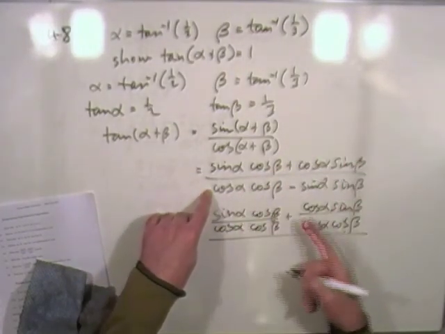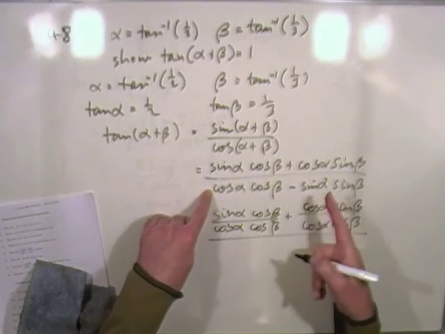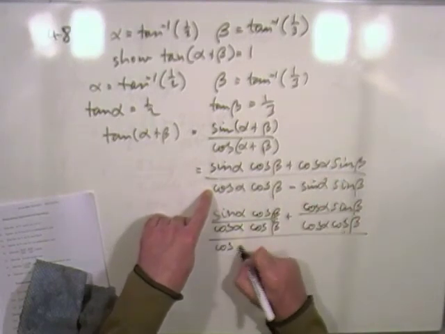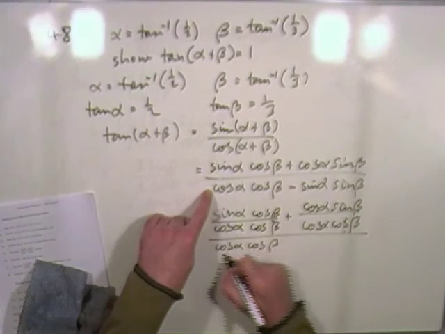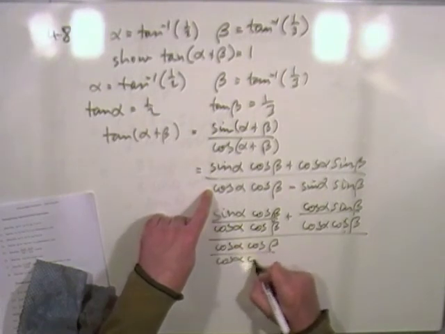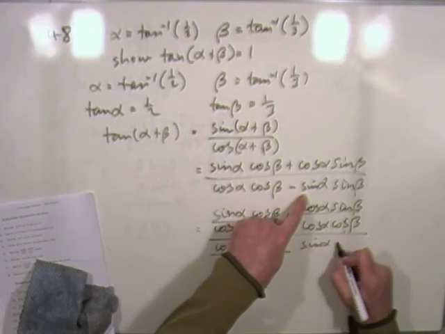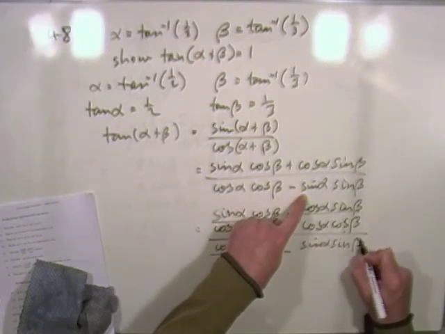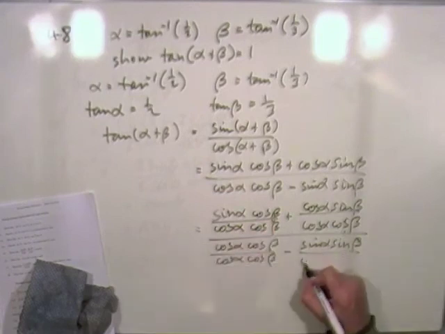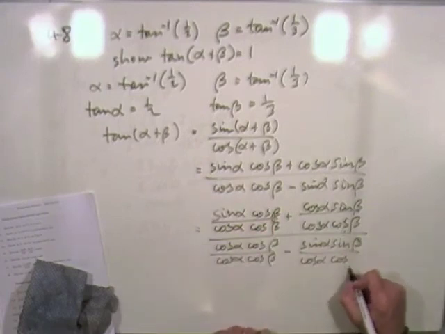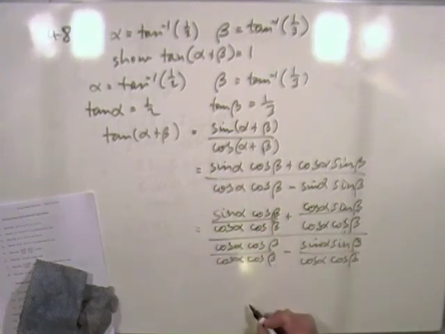Must do the same to the top and the bottom. Every term on top and every term on the bottom of a fraction. Cos alpha, cos beta, divided by cos alpha, cos beta, minus sine alpha, sine beta, divided by cos alpha, cos beta. And then lots of bits will cancel out.